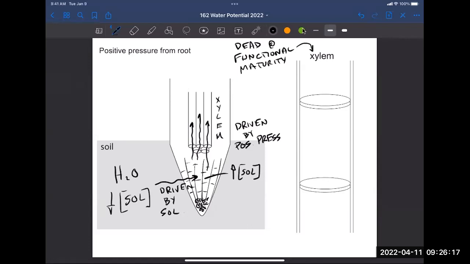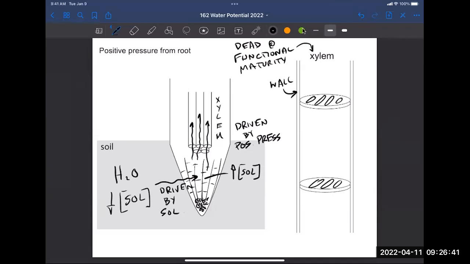And so the cell dies, its nutrients are used by other parts of the plant, and what's left over is the cell wall. And so this is just the wall here of the xylem. While they're growing, a few important things happen. First of all, there are connections established between adjacent cells. So this is this little plate here.